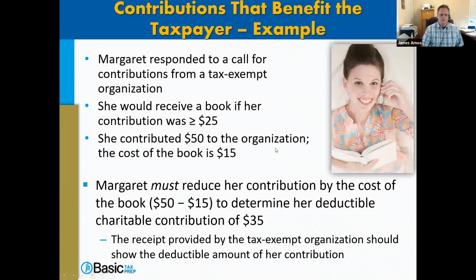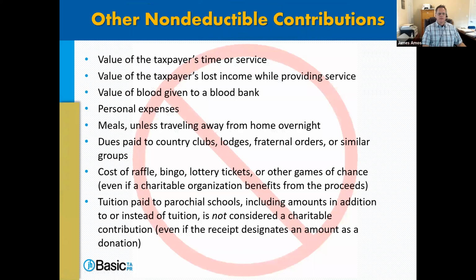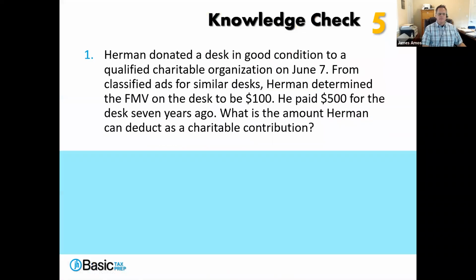She gave $50 to the organization. The cost of the book is $15. So how much does she get to take as a contribution? $35. The $50 that she contributed minus the value that she received. That's all this is saying. We already talked about that. So Herman donated a desk that's in good condition.